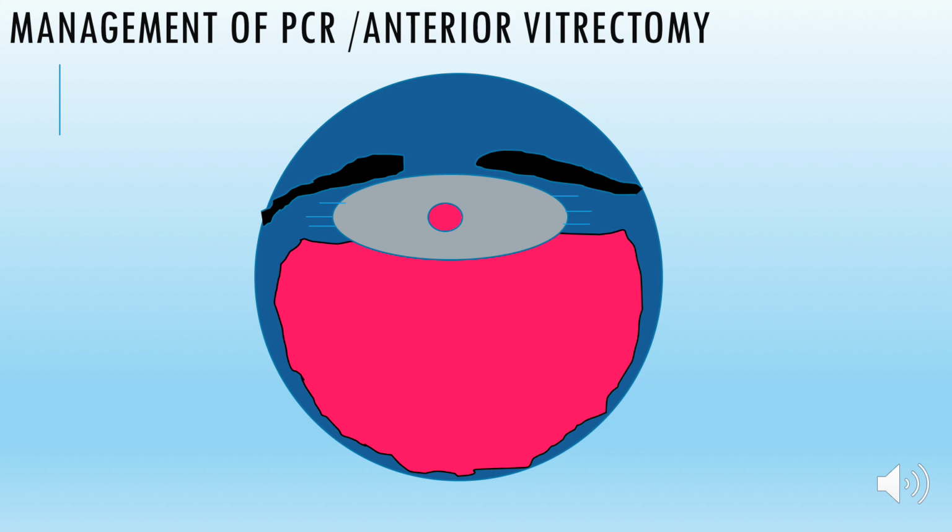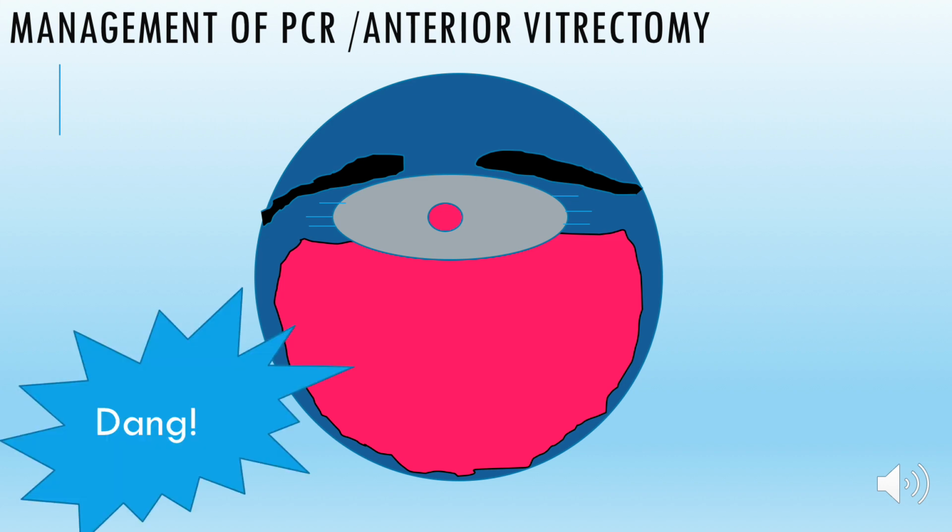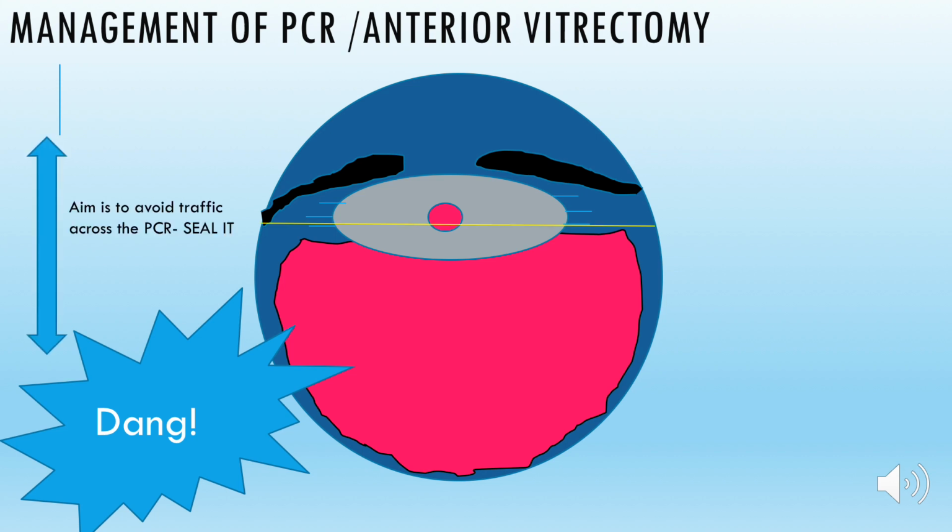Now, coming to the management of the PCR, this is one surgery which begins with an epithet, dang. In the sense, nobody's prepared. We are all taken by surprise. One should remember the aim of the surgery, that is to avoid any traffic across the posterior capsule.